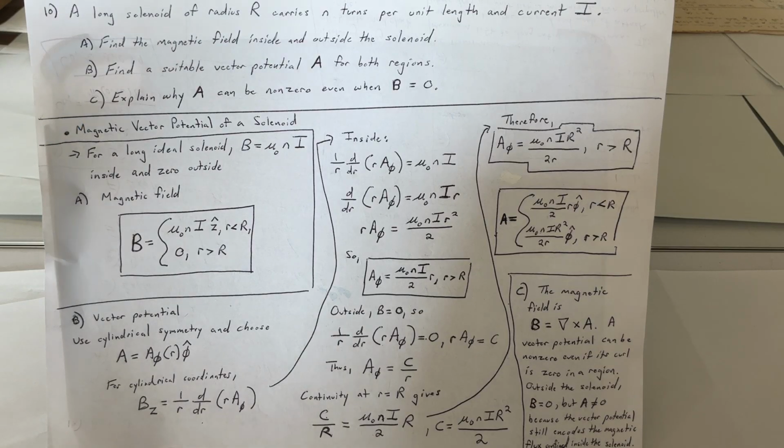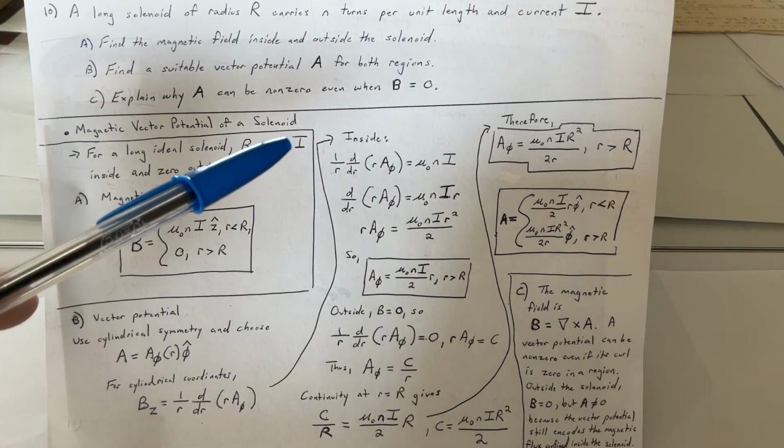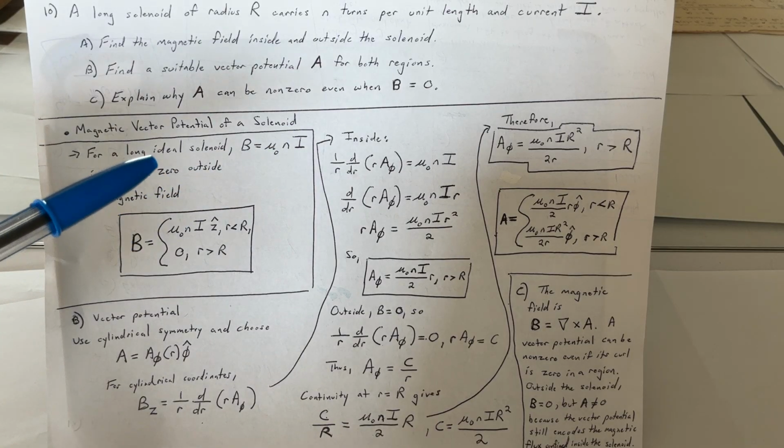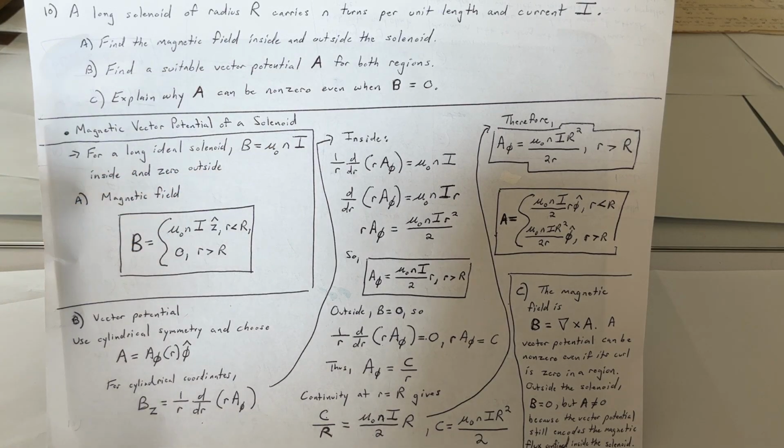So this is a magnetic vector potential of a solenoid. For a long ideal solenoid, we have that B equals μ0 n I inside and 0 outside.